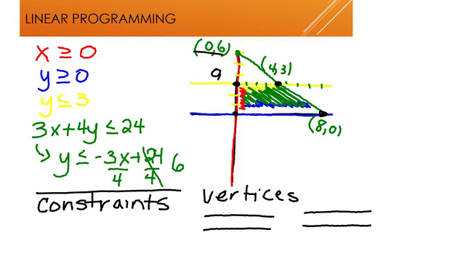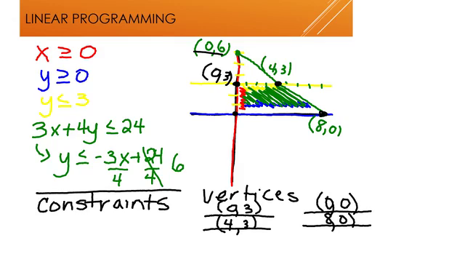So instead, I'm going to use 0, 3, and then 4, 3, and then 0, 0, the very bottom one, and then 8, 0.